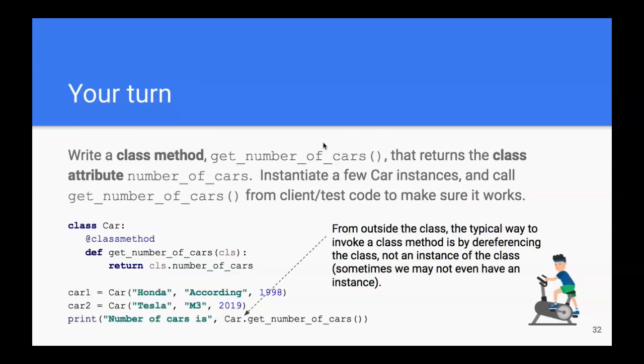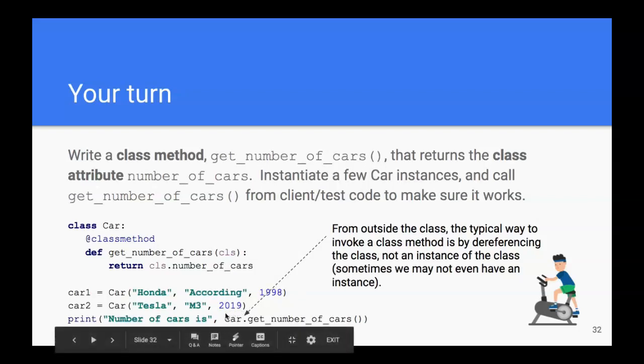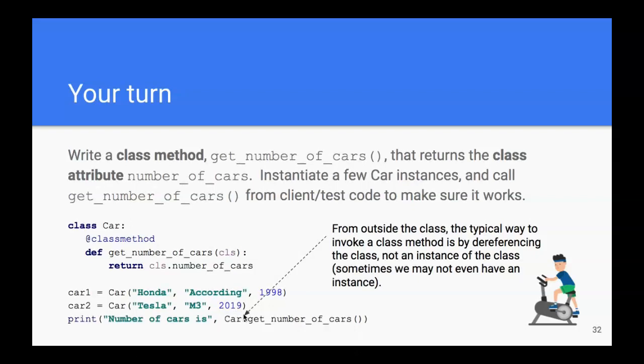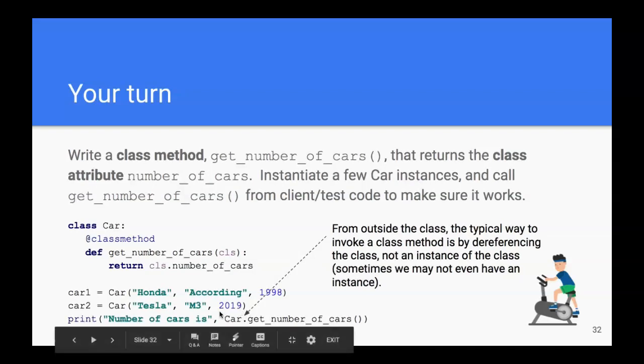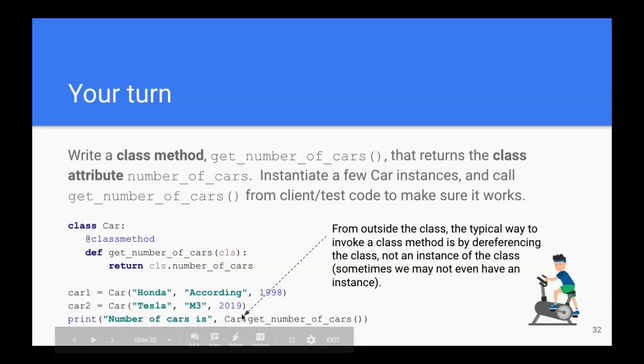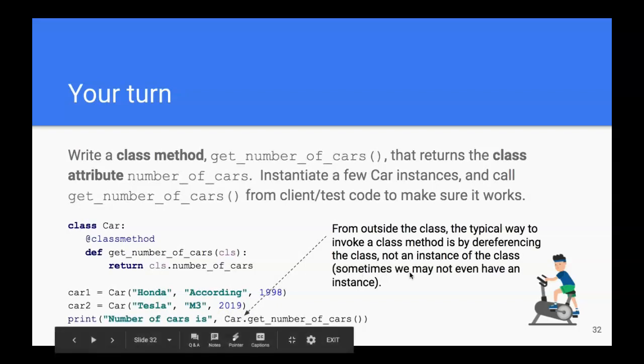You should already know this: from outside the class, if you want to invoke a class method, you just use the name of the class. You can invoke it through an instance of the class, but oftentimes we may not even have an instance, right?